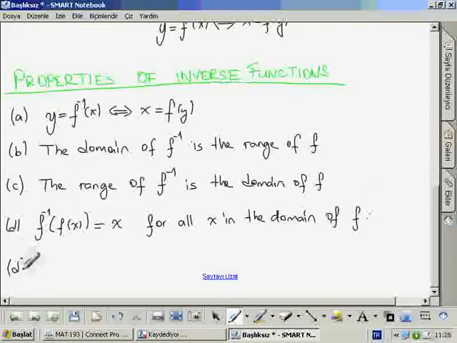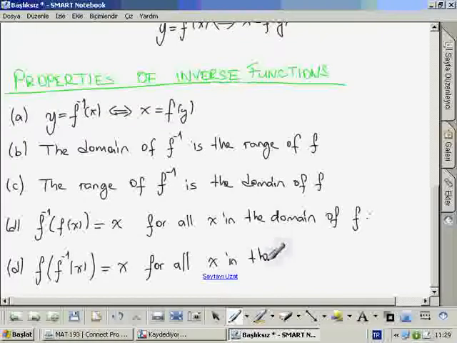And D, f of inverse f of x equals x, but that time for all x in the domain of the inverse f function.